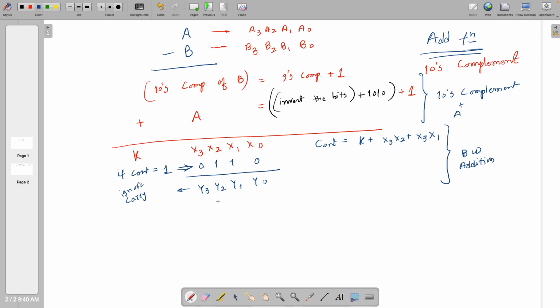And once we have this one, keep this signal somewhere, because I know that if C out equals 1, then the number is not negative. The BCD subtraction result is not negative.